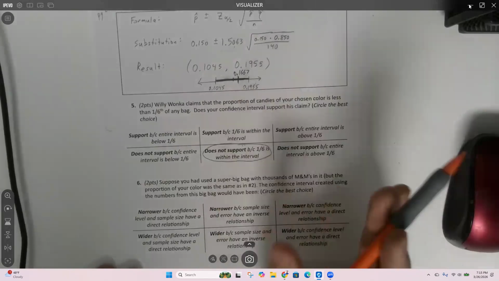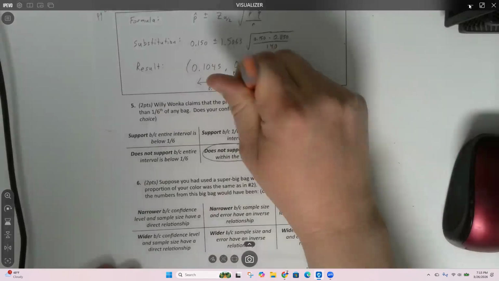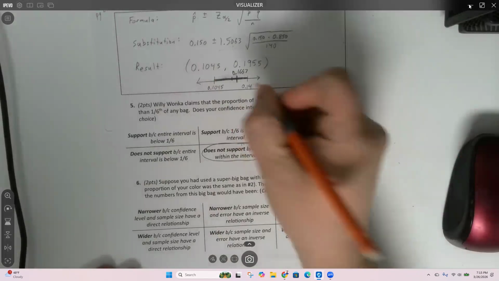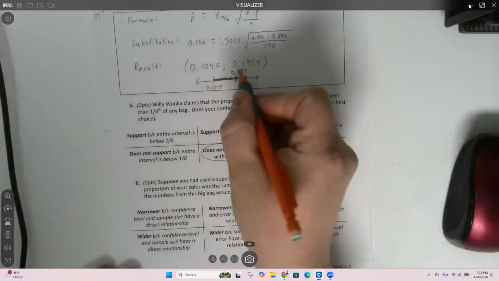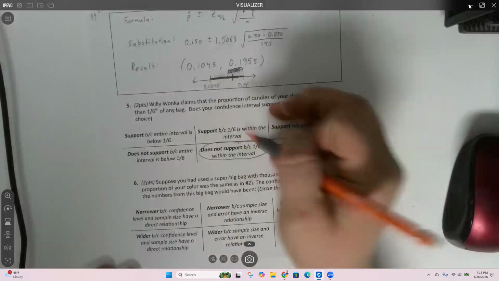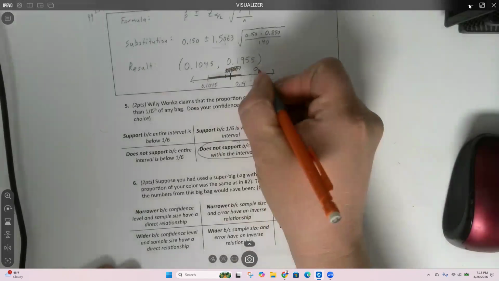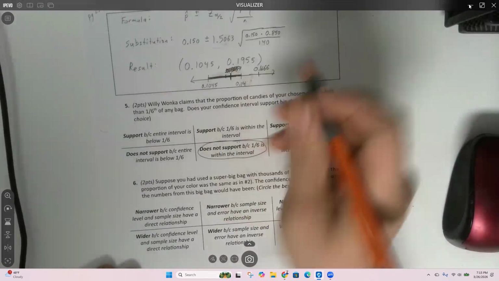Now, for you, maybe you didn't get this. Maybe you got 0.14. For that case, where would 0.166666 be? That would be way up here. Okay.